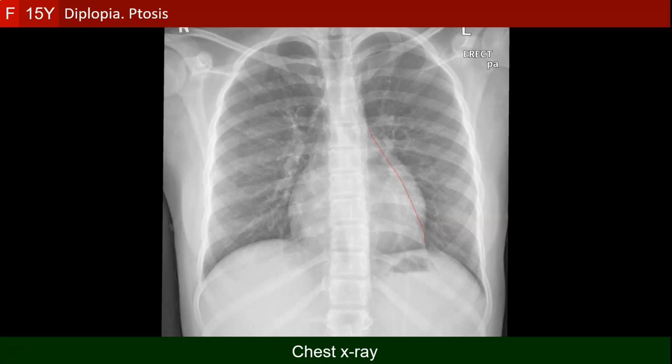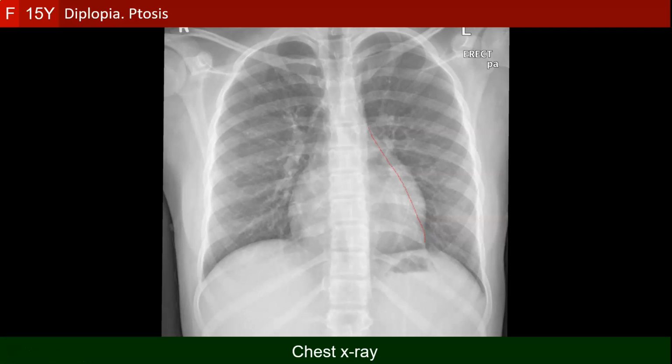However, this finding was quite subtle and we could not give it a meaning except after receiving more data from the clinical side. The data came from the serological examination in view of the diplopia and ptosis.